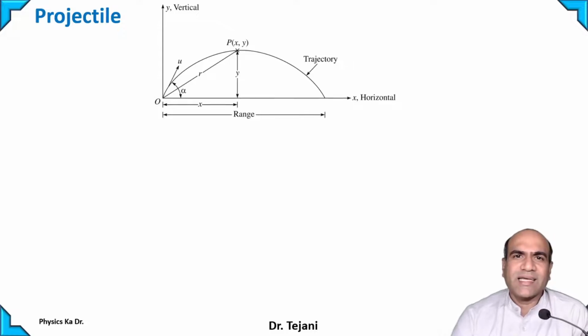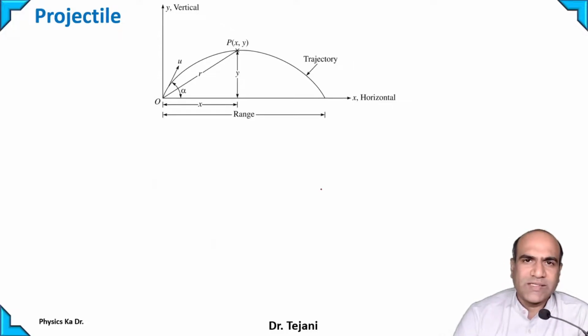First, let us again understand what a projectile is. Of course, we studied this, but repetition will help you learn in a more robust way. Say, for example, from point O an object is thrown with initial velocity u.